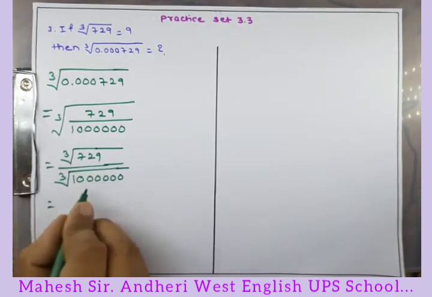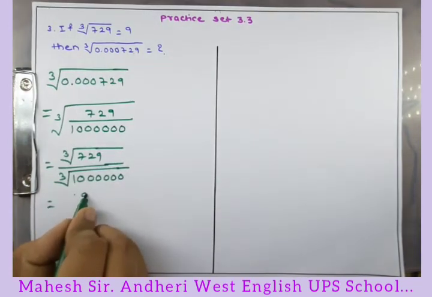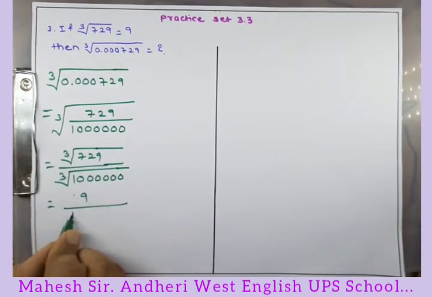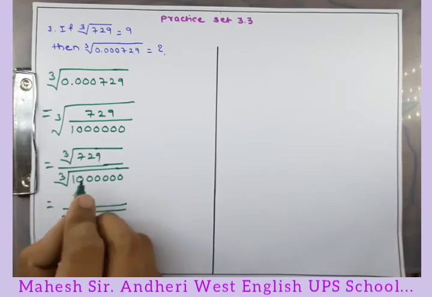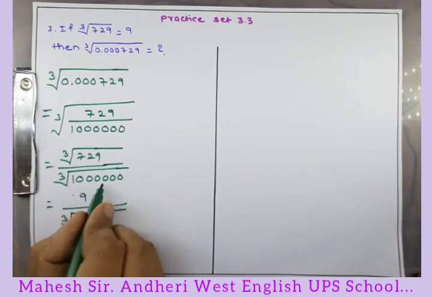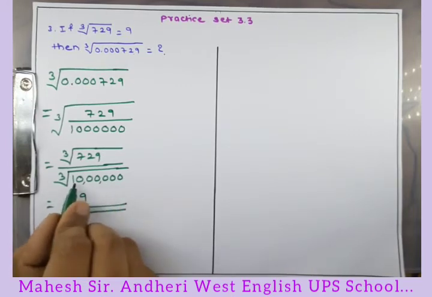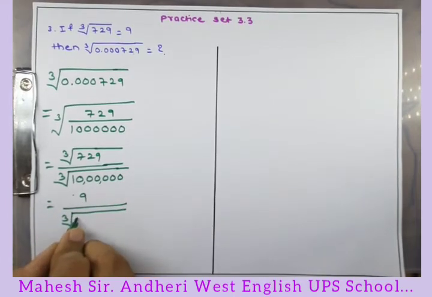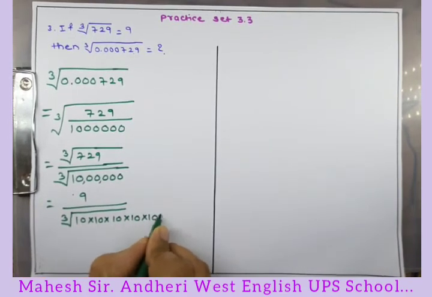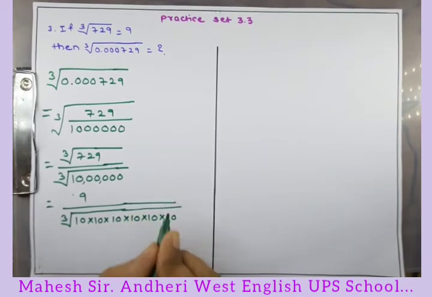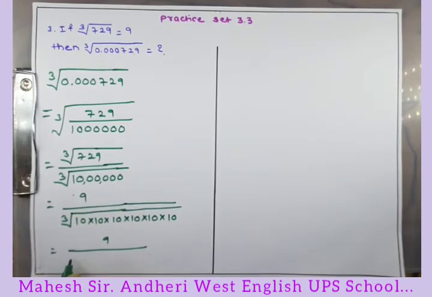Cube root of 729 we will write as 9, so I will write here 9 upon, here we have to find the cube root, so we'll make groups of 3. Here 10 lakh is there, so how many times do we have to write 10? 1 2 3 4 5 6, so 6 times we will write 10, so 10 into 10 into 10 into 10 into 10 into 10, that is 10 lakh, right.